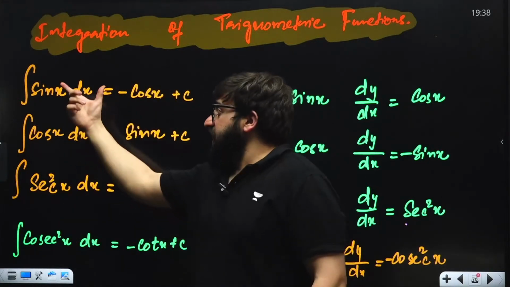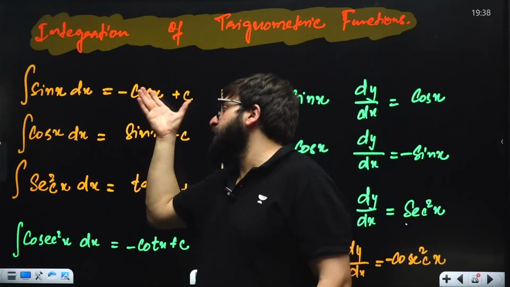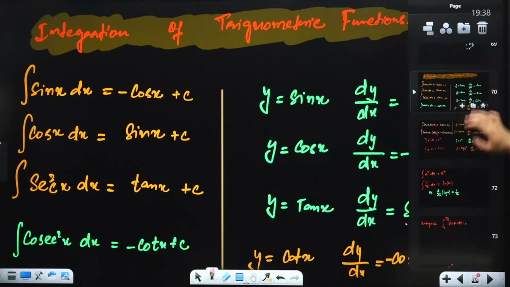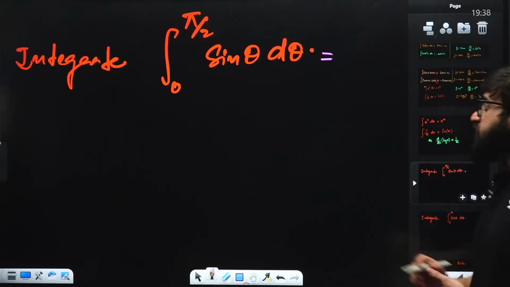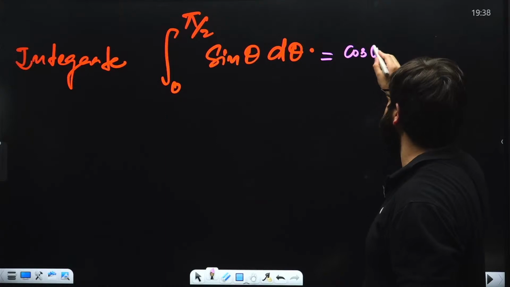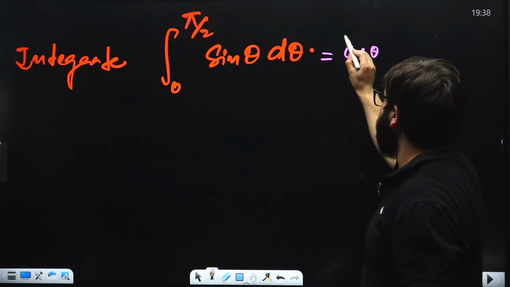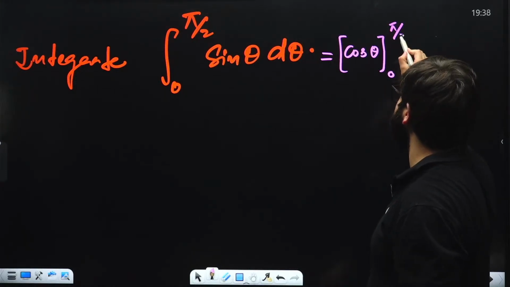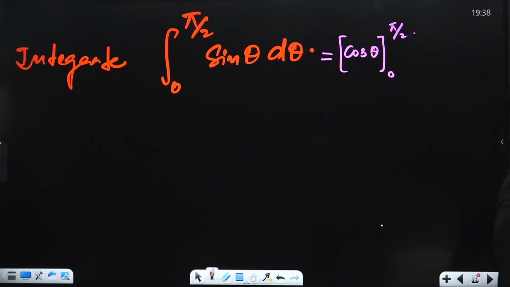If it is integration of sine theta, it will be minus cos theta. So I can put up the same thing exactly over here. We say integration of sine theta will be simply minus cos theta. Okay, and the limits are from 0 to pi by 2. Pi by 2 means 90 degree.